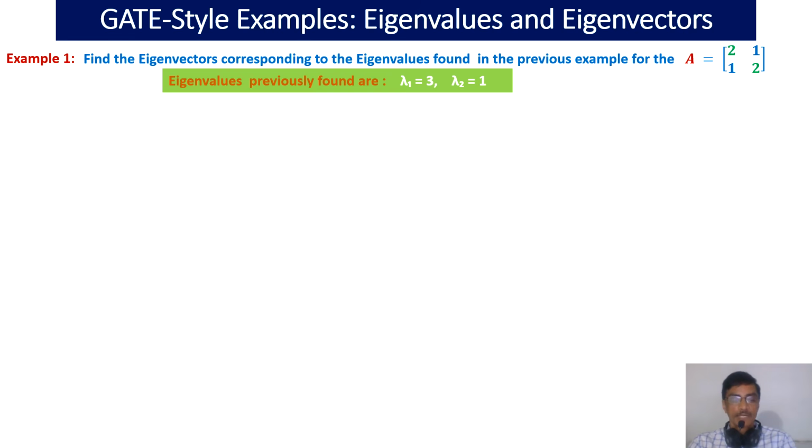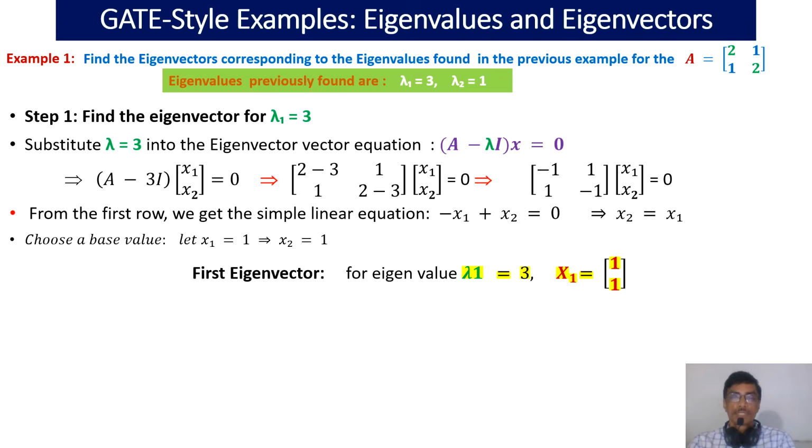Now let us find the eigenvectors. The eigenvalues found in the previous example for the matrix A = [2 1; 1 2] are lambda 1 equals 3 and lambda 2 equals 1. For the first eigenvalue, lambda 1 equals 3, let us find the eigenvector.